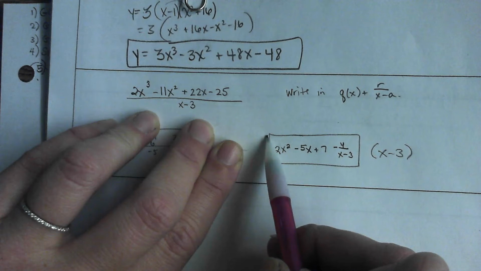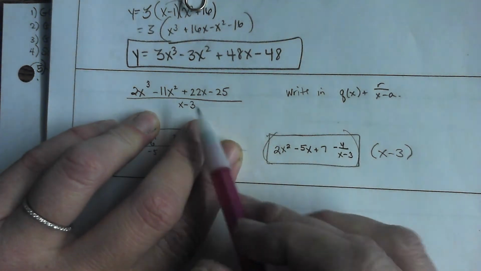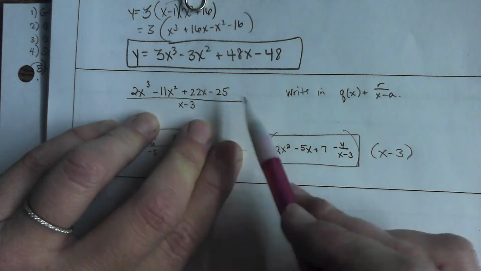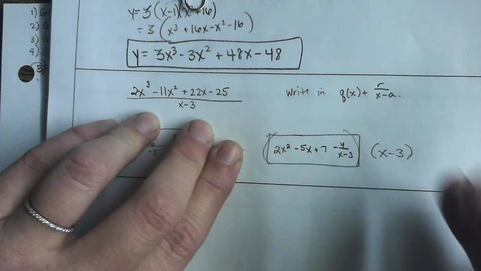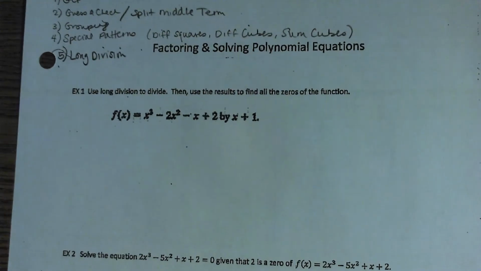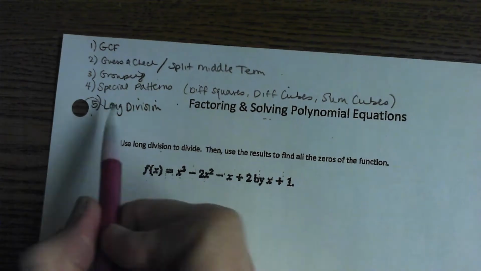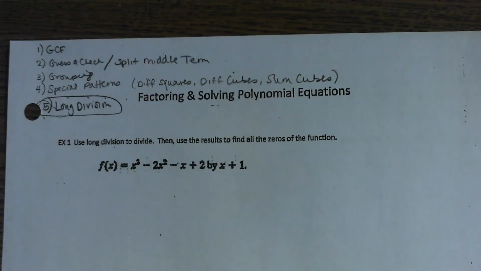So those were the two factors of your original. Now, x minus 3 actually is not a nice factor of your original polynomial because we had a remainder, right? Nice factors go in evenly and you would have no remainder. Okay? So the only thing with long division factoring is that you don't just know what to divide by. You have to be told somehow.